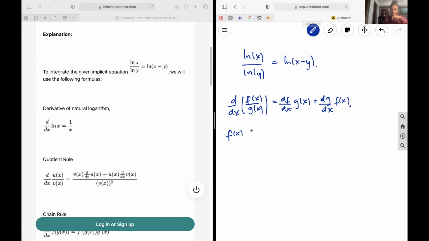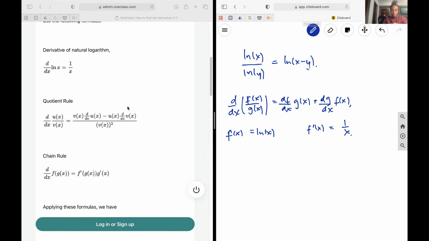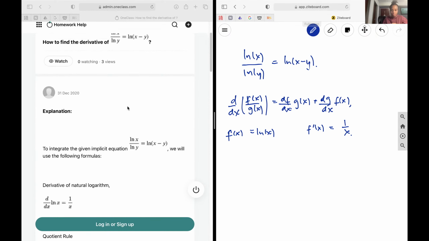f of x is equal to ln of x. The derivative of this is going to be equal to 1 over x. And then, sorry, just one moment, g of x is equal to ln of y. Now this is going to be not 1 over y, and that's because if y is a function of x, then I'm going to have to take the derivative of that.